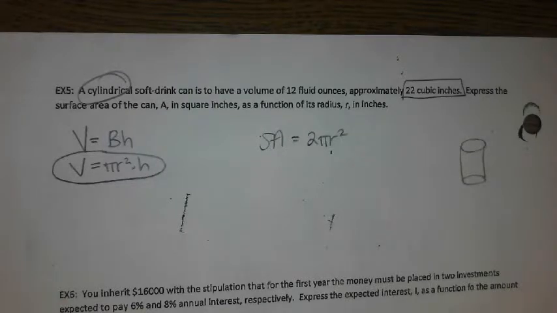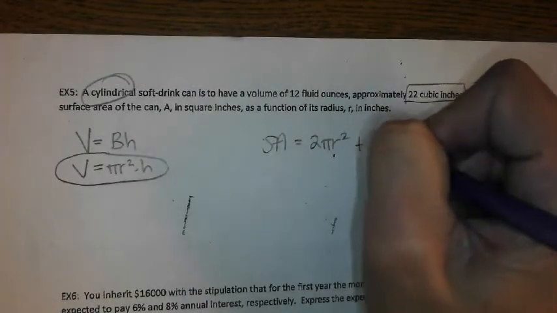Circumference. So that's 2 pi r, right? And where did the other dimension of the rectangle come from? The height of the cylinder, right? Here's the height of the cylinder, becomes the height of the rectangle. So this is 2 pi r times h. Does that make sense? So plus 2 pi r h.